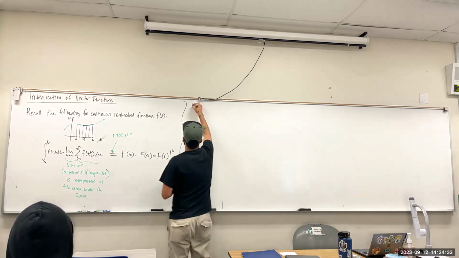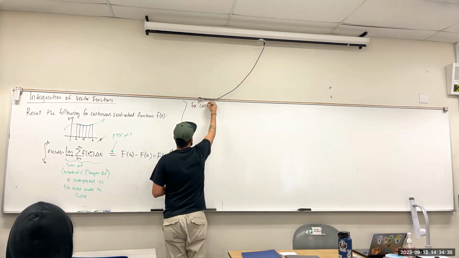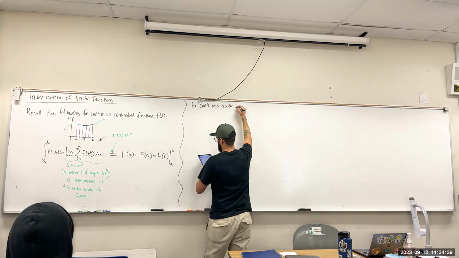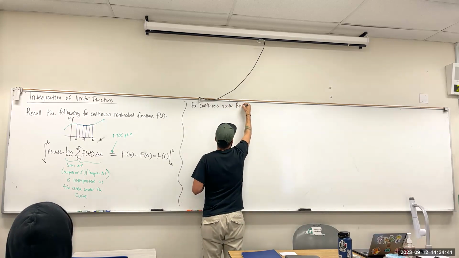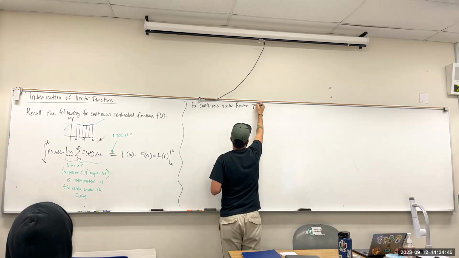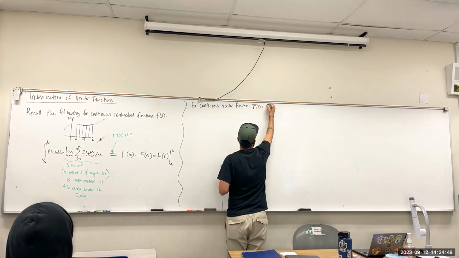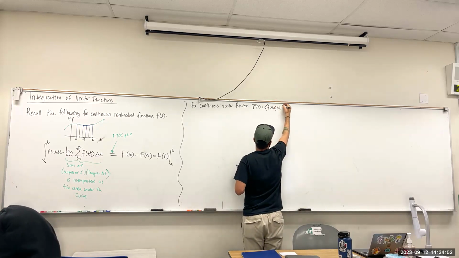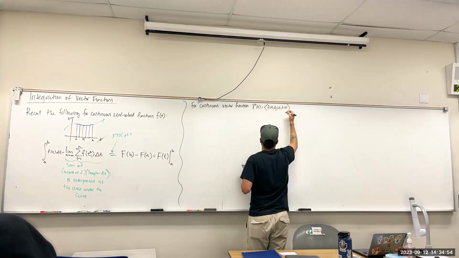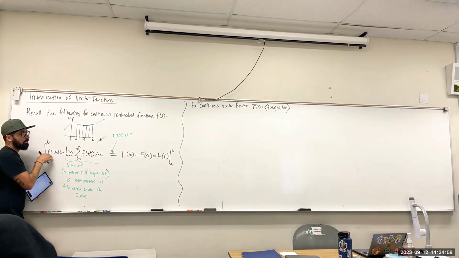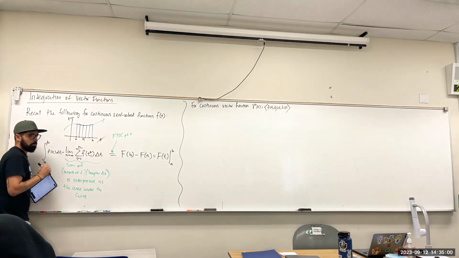Okay, so for continuous vector functions, for a continuous vector function r of t with component functions f of t, g of t, and h of t, we're going to copy this and define the definite integral the same way we did it for functions.